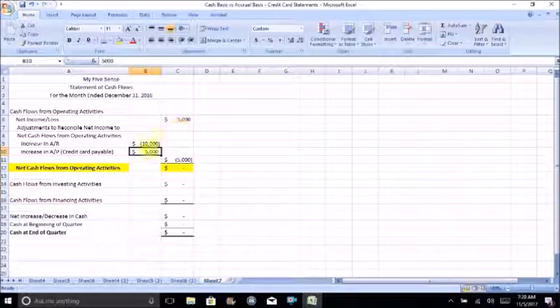We have to add those expenses back. So we add the increase in accounts payable back to net income because it is not actual cash monies paid, not actual cash expenses paid.